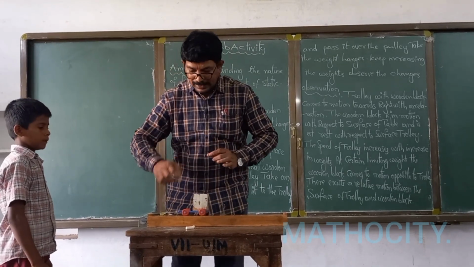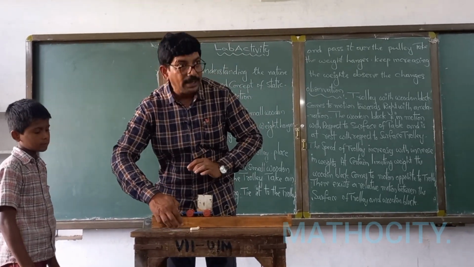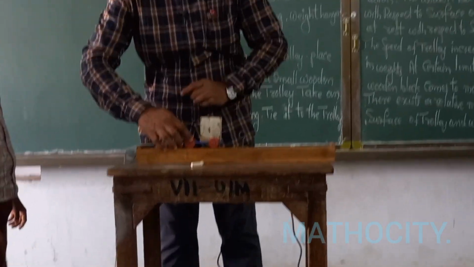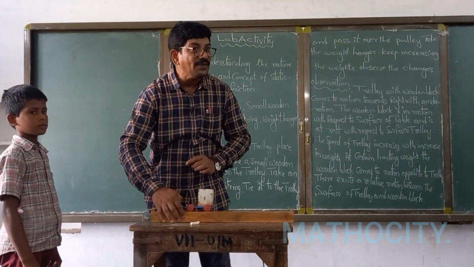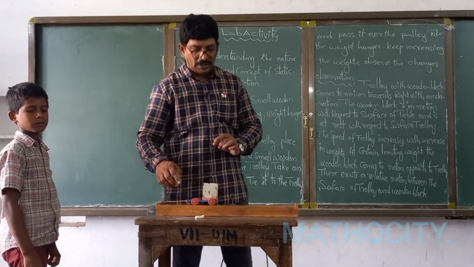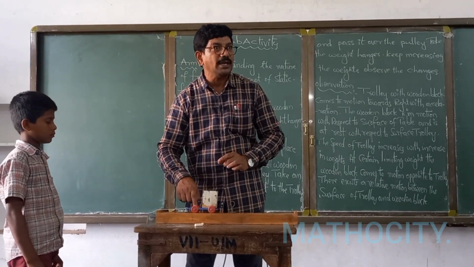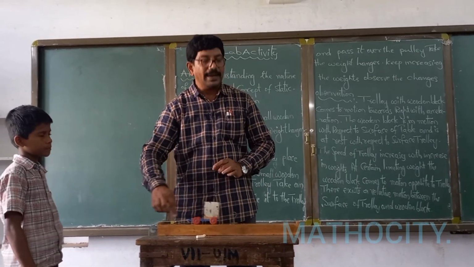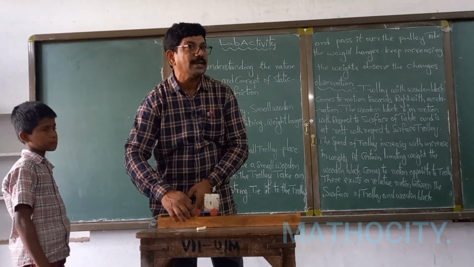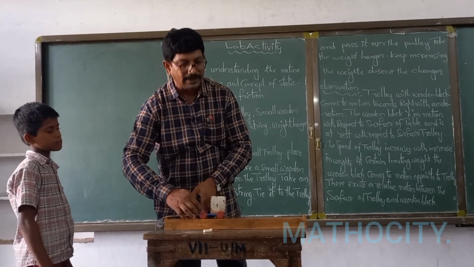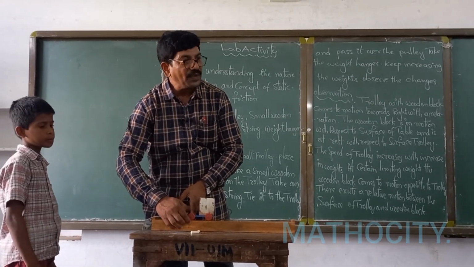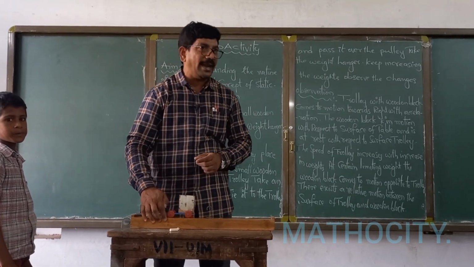Next one, the frictional force present between the surface and the trolley is known as sliding friction. What we call it? Sliding friction. Why? The trolley slides on this surface. At that time, the frictional force present between the trolley and the surface of the table is known as sliding friction.